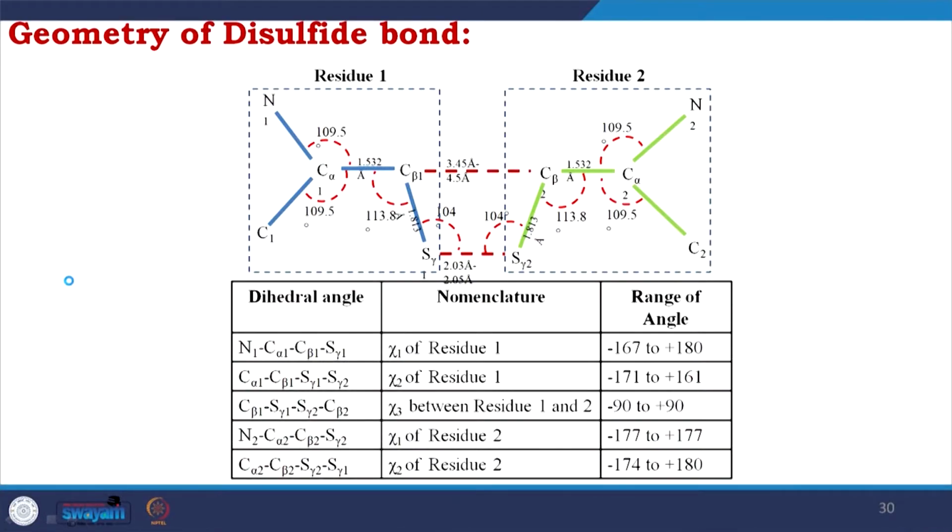So, I have given the details of two cysteines collected from many proteins which are successfully forming disulfide bonds. This information being in your database would help you to design a new cysteine pair in a protein, and we will discuss that in detail.